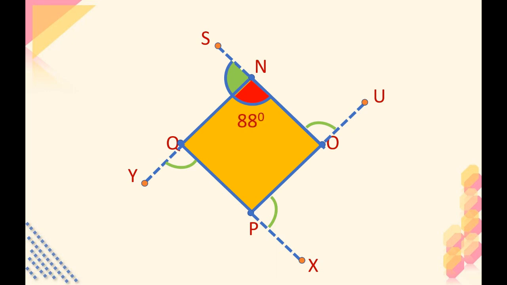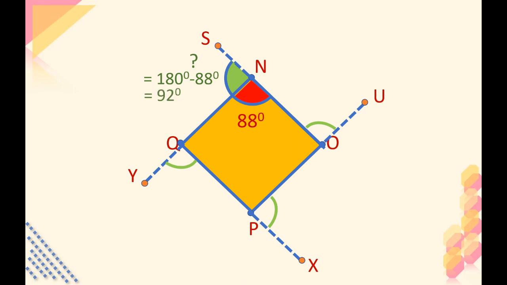So if angle ONQ measures 88 degrees, what is the measurement of angle SNQ? So that's 180 degrees minus 88 degrees. So angle SNQ is equal to 92 degrees.